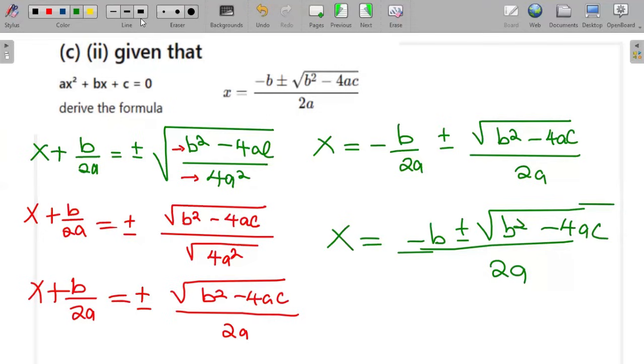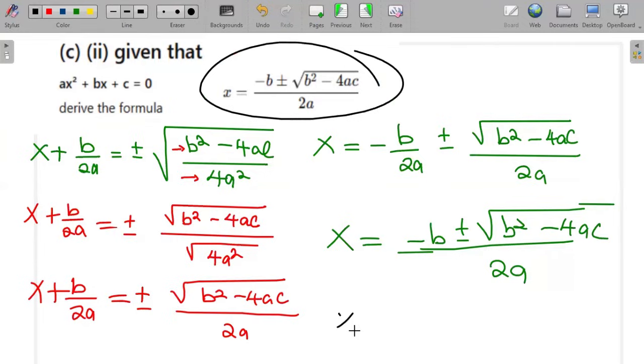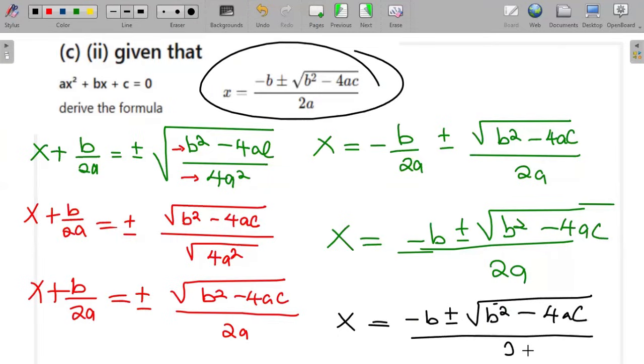Okay, so we've actually proved, or shown, or derived this quadratic formula. So x is equal to minus b plus or minus the root of b squared minus 4ac divided by 2a. Hence derived, hence shown, hence proved.